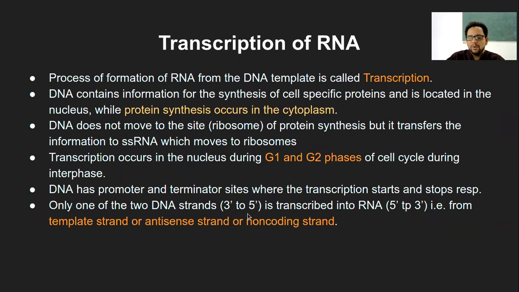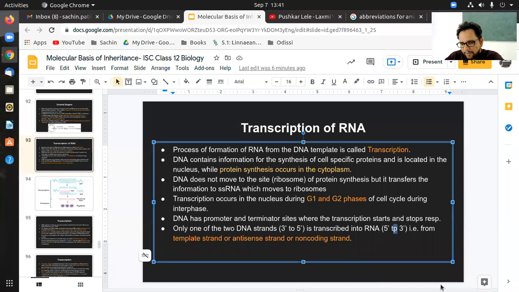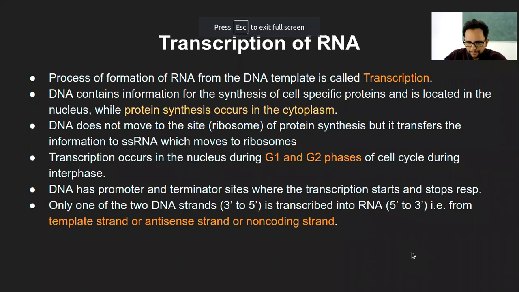And this again we know is the template strand, also called the non-coding or antisense strand. From this strand the RNA is transcribed, which ultimately is 5' to 3'. So that is the general transcription description.